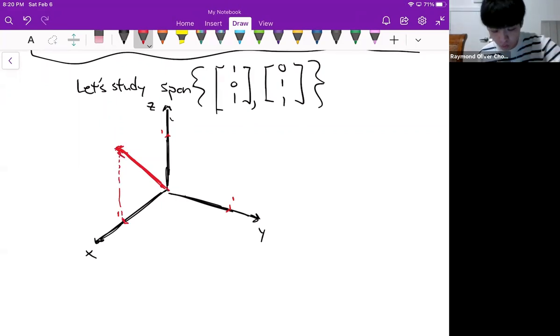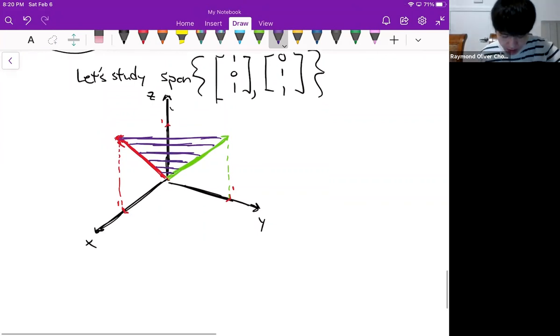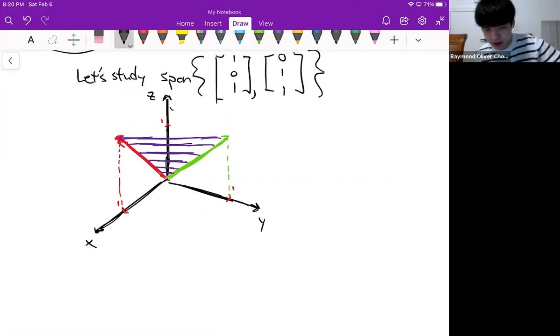And 0, 1, 1 looks something like this. And so in the first octant, the image we see is this kind of plane between them, right? Okay. So let's study that. Okay, so that's what we expect.